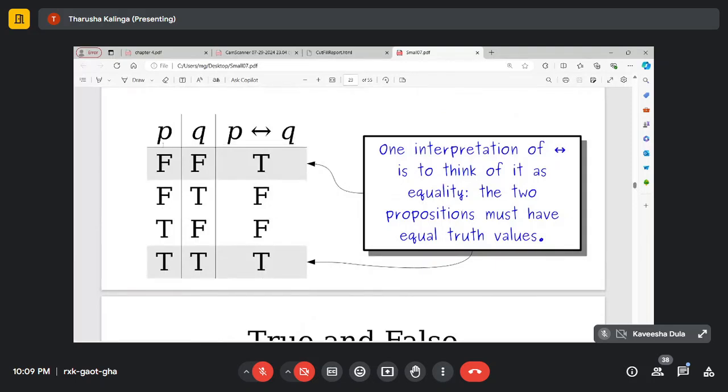Okay, so here it should be true, and I told you that when the two values are equal, the output should be true in this line. And here, if the two values are different, like false true or true false, it is false.